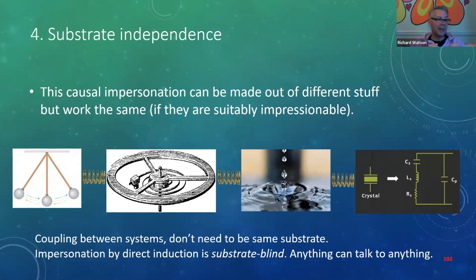So it doesn't really matter that the ball on one end of the Newton's cradle is made out of steel. It only matters that it's capable of taking the same impulse and holding it for a moment and then delivering it back. So if the two systems are weakly coupled, the balls on the Newton's pendulum are arguably strongly coupled. If the two systems are weakly coupled, then they can induce or resonate with one another between those different substrates.